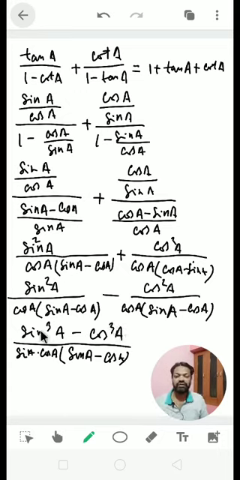So we will convert the numerator sine cube A minus cos cube A into the formula a cube minus b cube. So come to the next page.